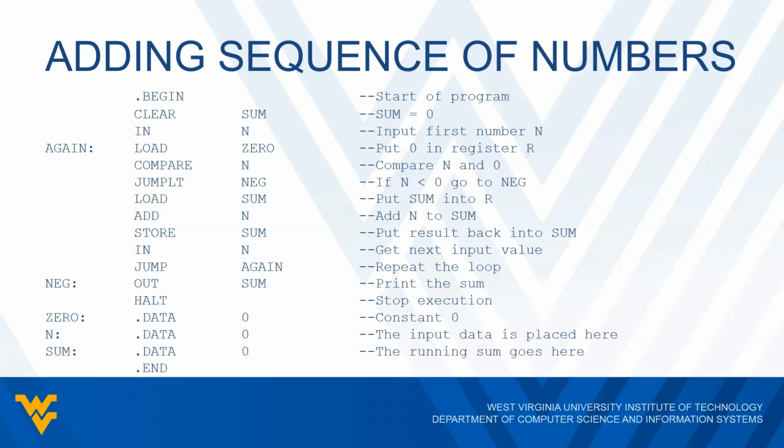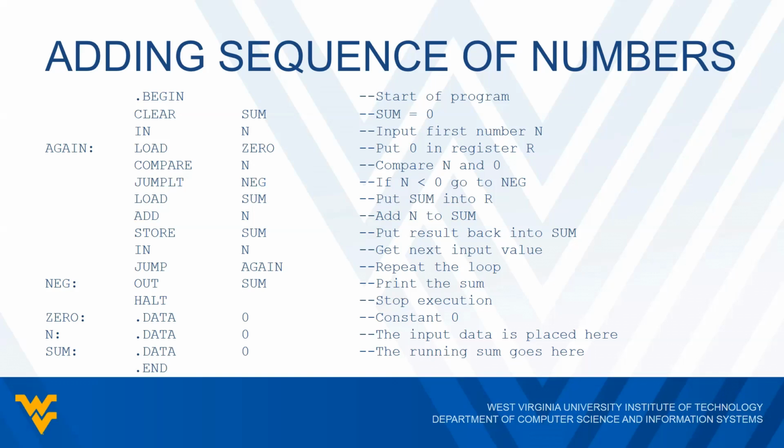So we'll compare n, and then we're going to do a jump LT instruction if n is less than 0, because if n is less than 0, then that means it is a negative value. So we're going to jump to neg, which means that we're going to output the value of sum and then halt. Now, let's say that's not the case. So let's do the rest of this. The load sum means we're going to store sum in our register, and then we're going to add n to it, and then we're going to take that value and store it back into sum.